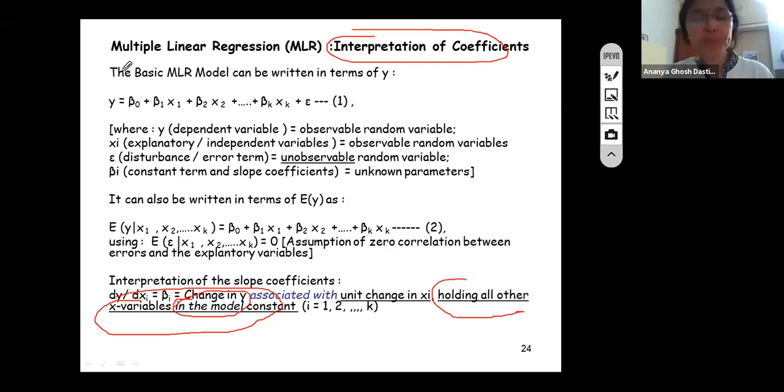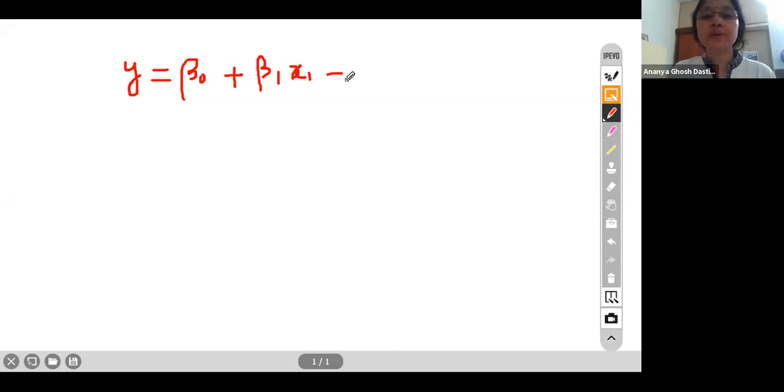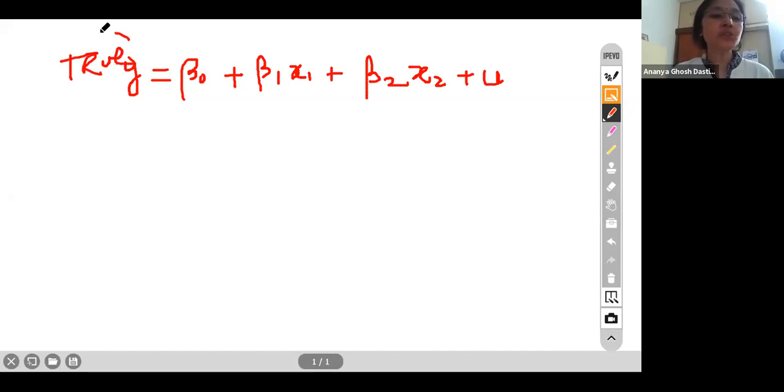Suppose in reality, Y is a function of X1 and X2. So this is your true model: Y equals beta 1 X1 plus beta 2 X2 plus U. This is actually the case. Okay, this is the true model.